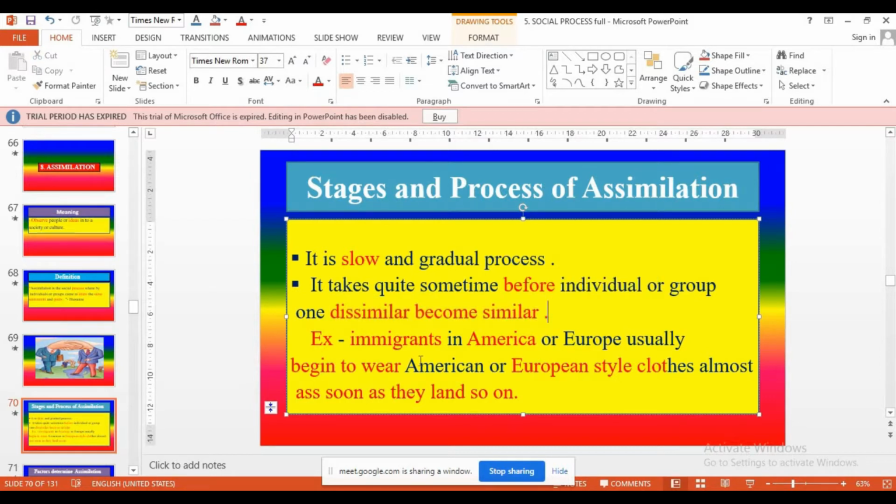One example given here: immigrants in America or Europe begin to wear European or American style clothes as soon as they land on shore. So, is it clear what is meant by assimilation? Assimilation tries to maintain similarity of people with the new environment through this process.